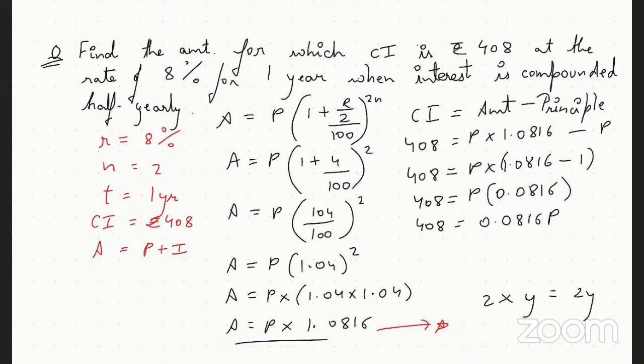How did I get 408? 408 is given in the question. Yes, 408 is the CI, compound interest. It's written CI is 408 in the question. Okay.